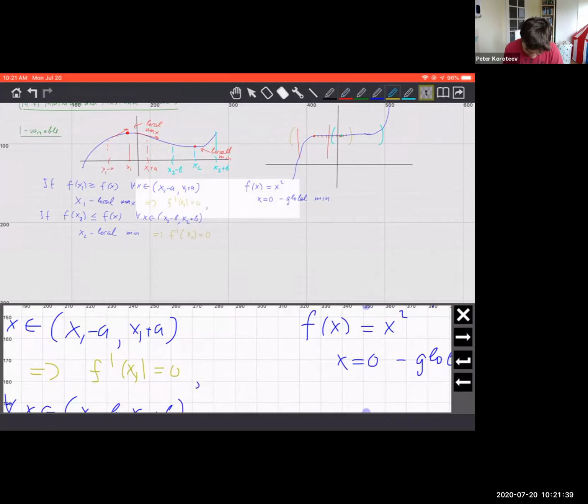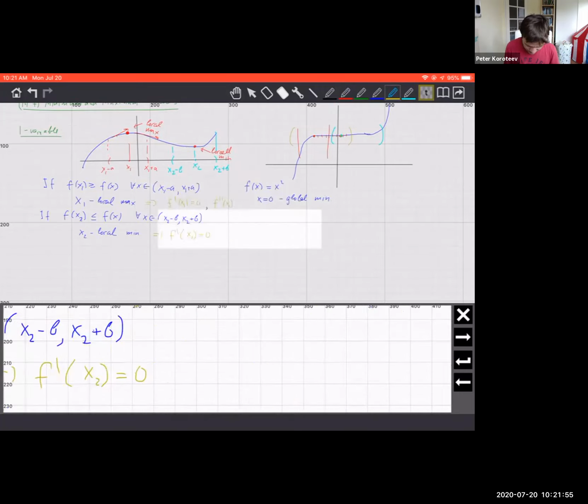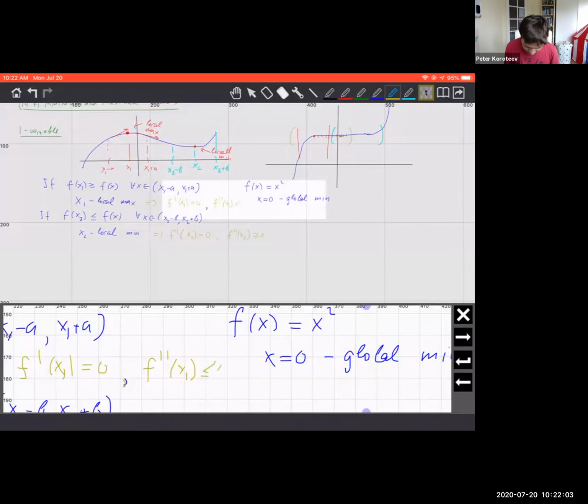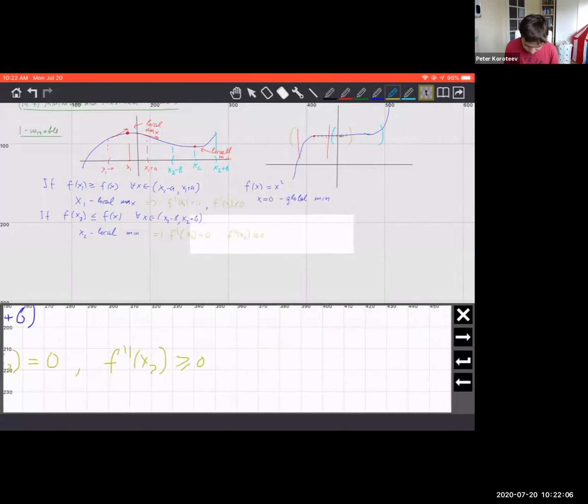The second derivative is the rate of change of the first derivative. Here the second derivative at x2 should be greater or equal than 0, and here it's less or equal than 0.